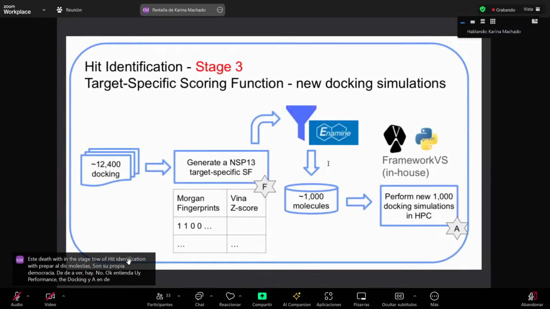In stage 3 of hit identification, using the docking results, we generated a target-specific scoring function for the NSP13 target.